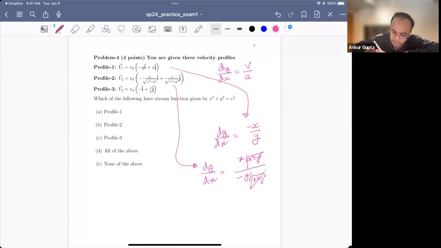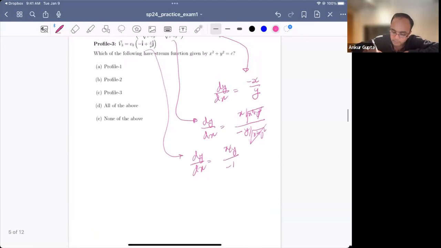And then finally, in this one, dy by dx is equal to x by y minus 1. So first things first, it's very clear that all of them have dy by dx equal to minus x by y. That's good. So all of them will have the same stream function regardless. It could be all of the above or none of the above. So we now integrate.